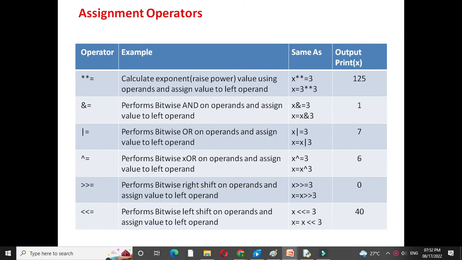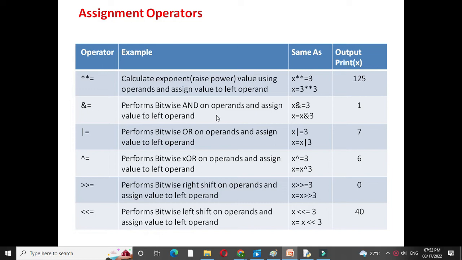Next is exponential equal to, which calculates the exponent value using the operands and assigns the value to the left operand. X exponent equal to 3, the output will be 125, since x exponent equal to 3 gives 5 raised to 3, that is 125.